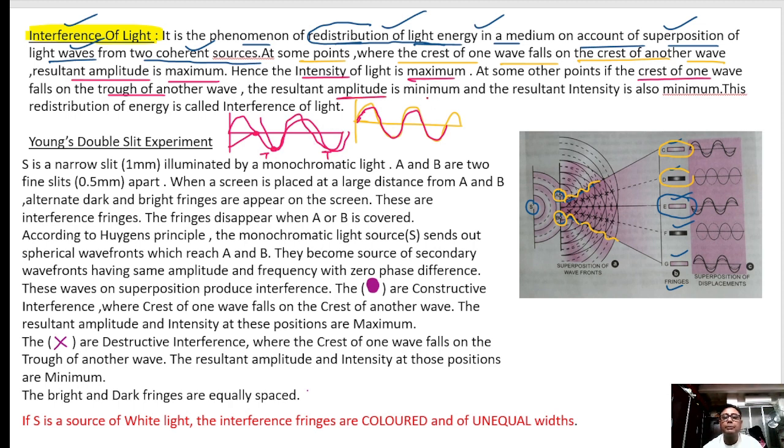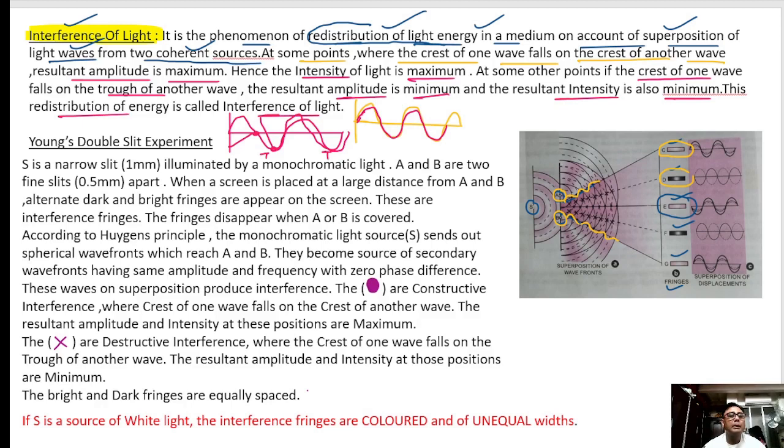So the resultant amplitude will be minimum, intensity minimum, and in the distribution of light you will have a dark band there. This distribution of light energy is called the interference of light. So you have to have it with a coherent source.